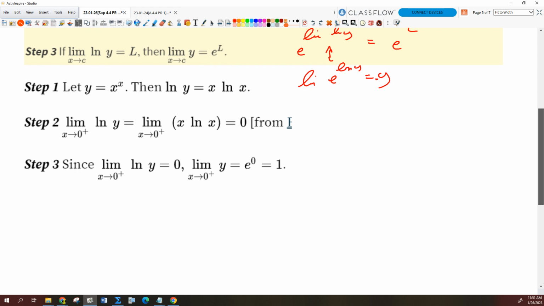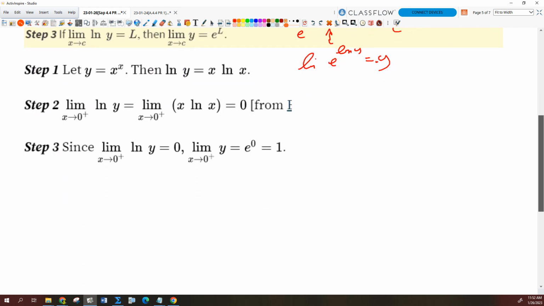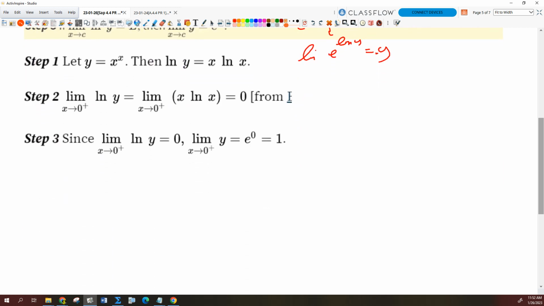What if we started off with y equals x to the x, and we're going to take the limit as x approaches 0 plus.